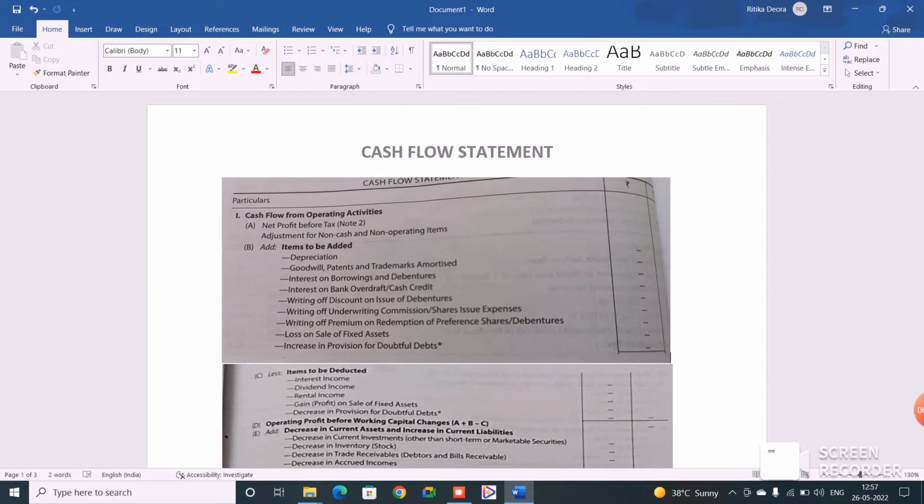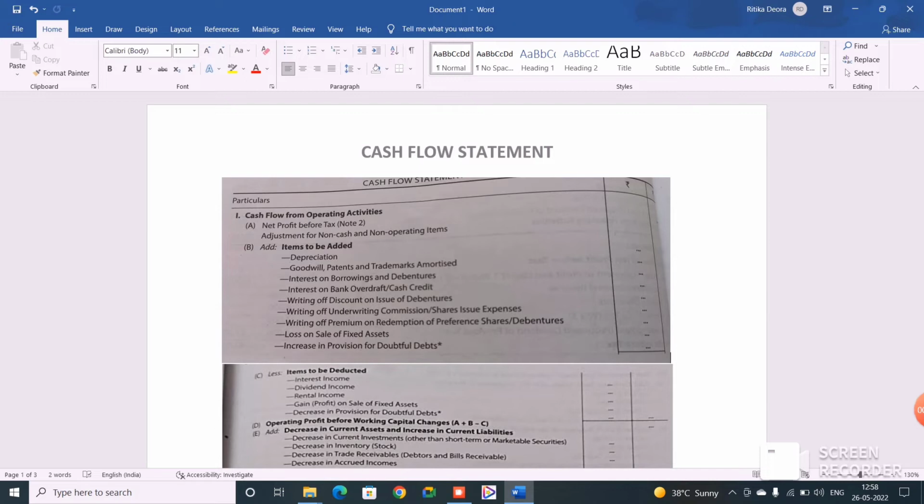That is why we need to remove the non-cash items, because the statement of P&L includes them as well. So we will add back the provision made for tax, because it is not an outflow of cash, but it was unnecessarily taken into account while arriving at the profit. So we need to add it back so as to remove its effect, okay?